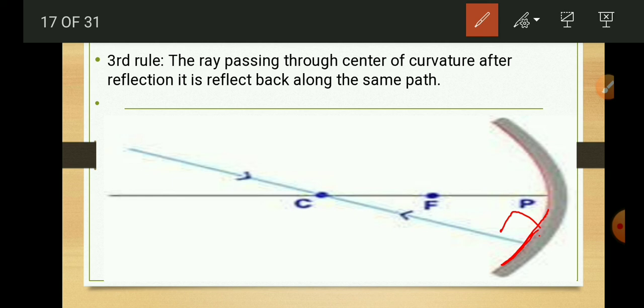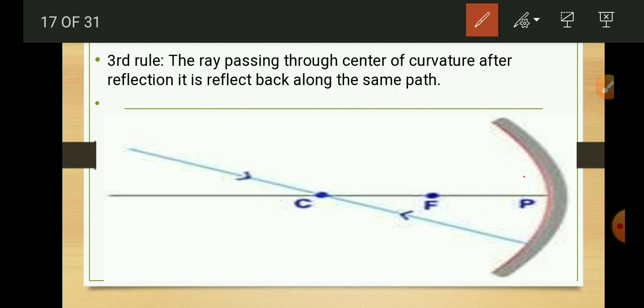And as we know from the laws of reflection, if a ray is incident normally on the reflecting surface, then the angle of incidence is equal to the angle of reflection, which is equal to 0. And so the ray reflects along the same path. That is, if a ray comes from the center of curvature, then after reflection it will pass through the center of curvature only.